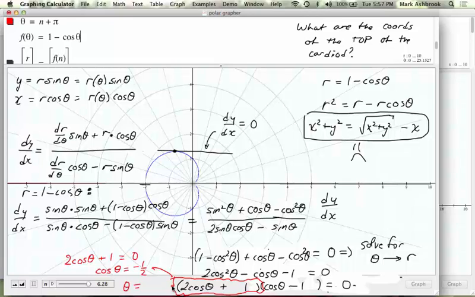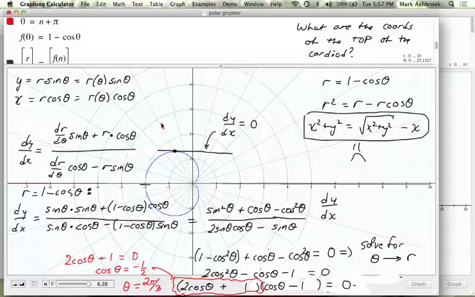Who remembers their unit circle? Cosine. Yep, 2 pi over 3. That's 2 pi over 3. Okay, so then theta is going to be 2 pi over 3.